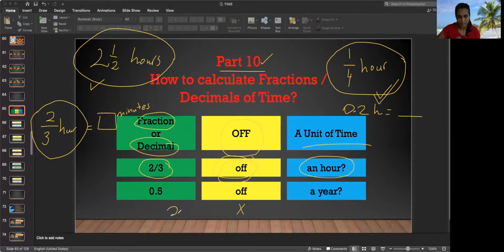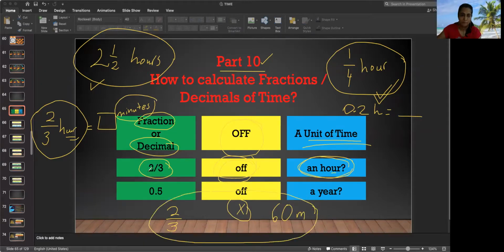So I will write 2/3 of, I'll change it to multiply, and that hour, since they wanted us to find minutes, I will think of the conversion between hours and minutes, and that is 60, right? Because 1 hour makes 60 minutes, so I will multiply with that. I will change that unit of time to minutes. And that is how we can solve these questions.